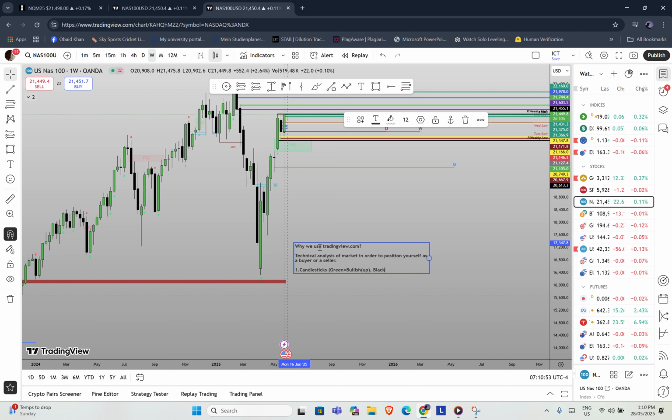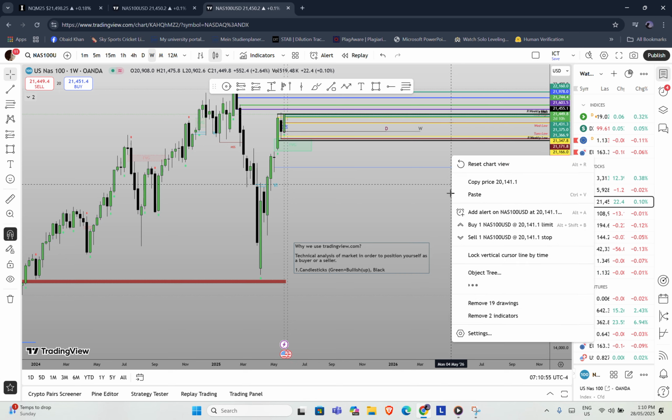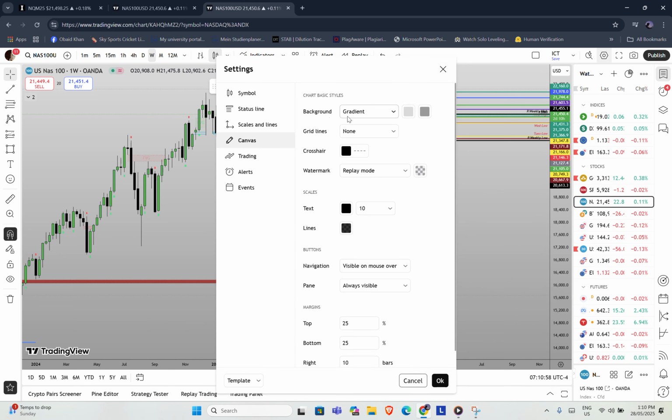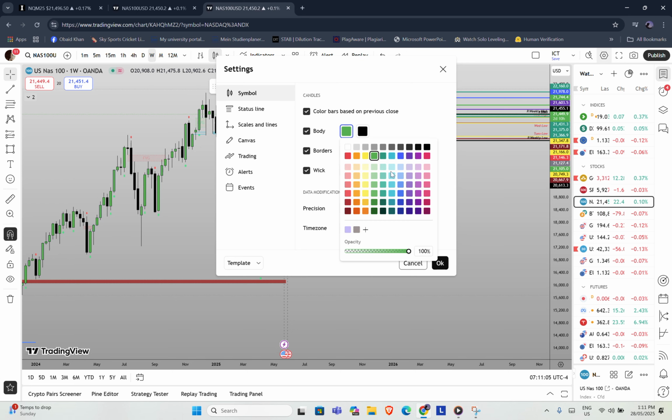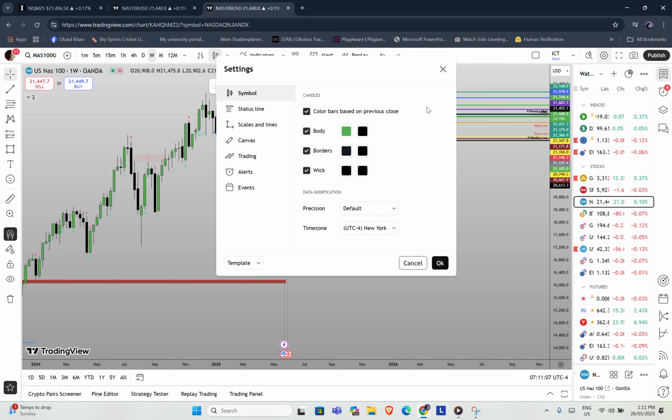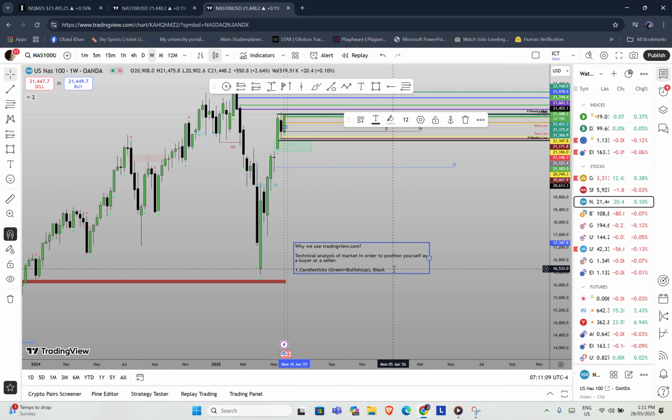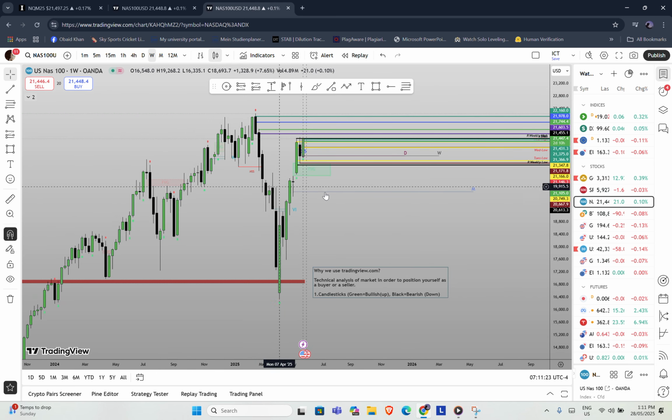It is just for me. You can change it from the settings. This is where you can change the symbols. This is for bullish, this is for bearish, so you can change the colors from here for your candlesticks. Okay, so the black means bearish, which means down candles. Okay, the market is going down. This is what I mean by the candlesticks.